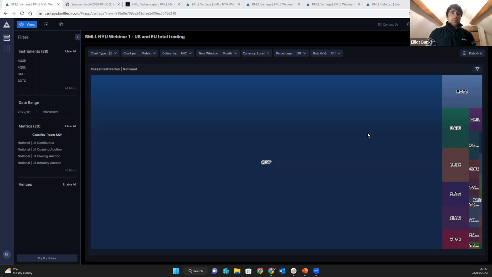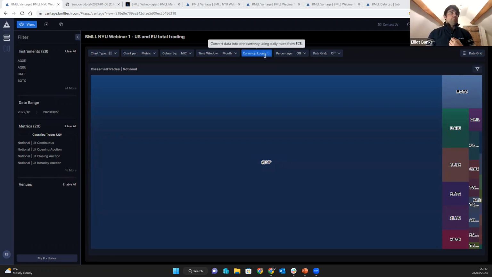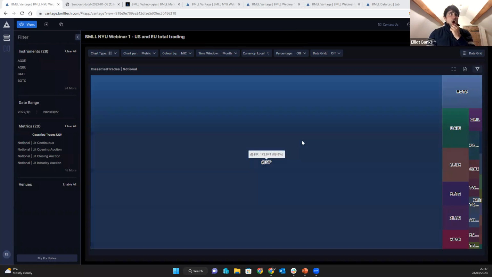You can see these different identifiers here show the different venues that you can trade on, and I'll talk about this in a minute. The big one is the big blue blob here, which is at SIP, is the traded volume, all converted into dollars across the US SIP last year.